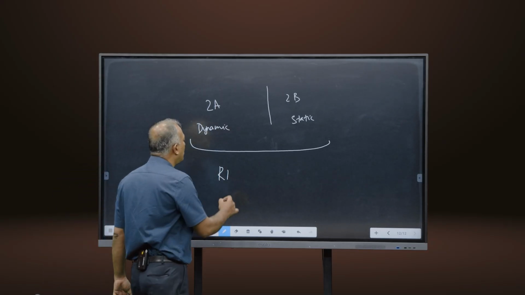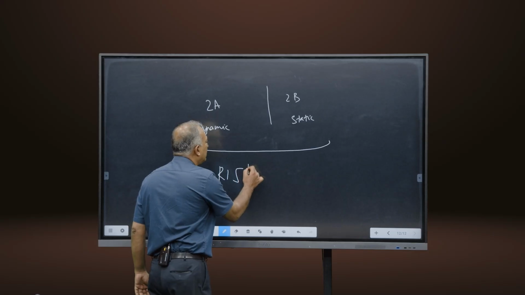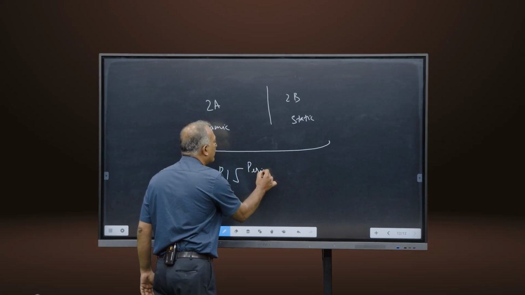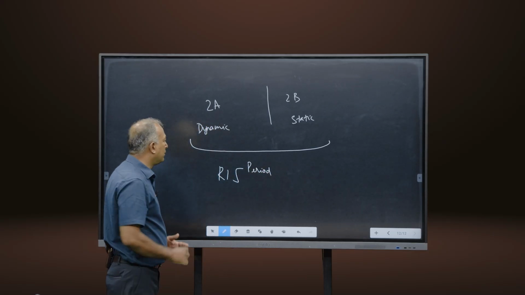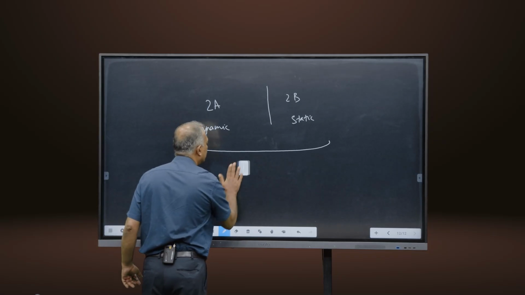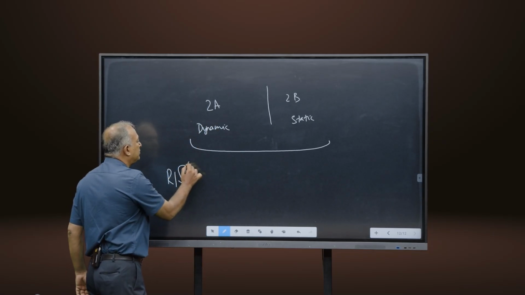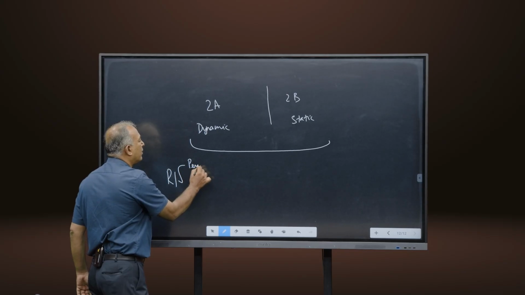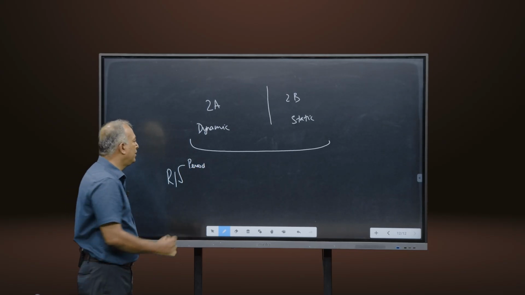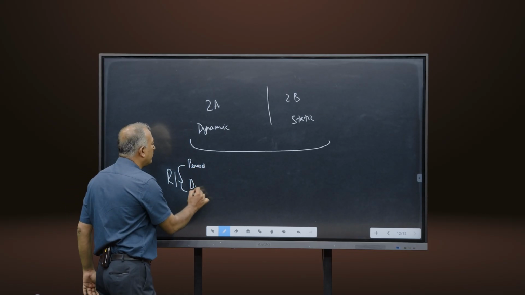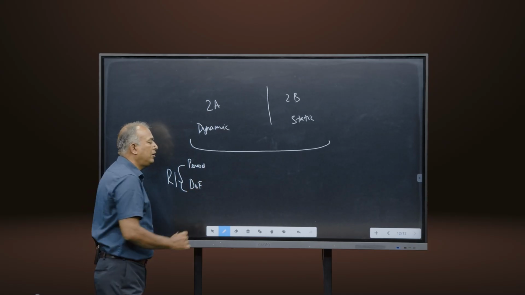What are the two components? The first is the period of the R1. The second component is the date of filing of the R1.